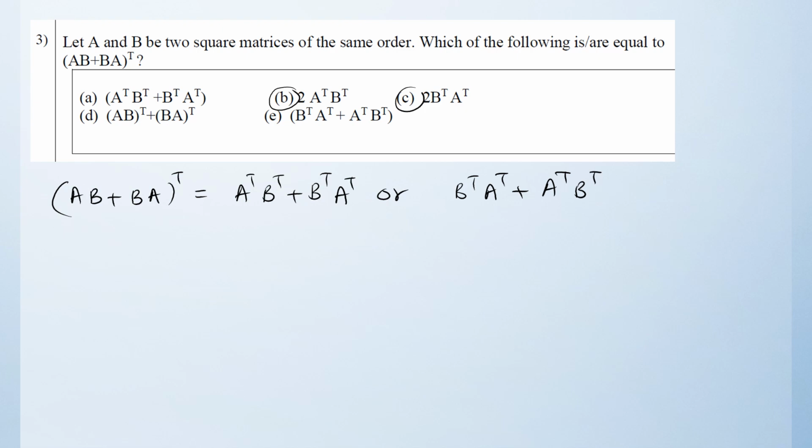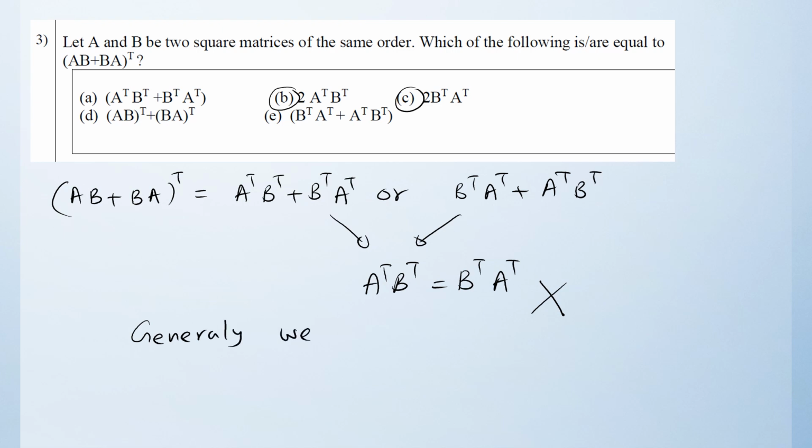B and C. We can get these two results by substituting the identity A transpose B transpose equals B transpose A transpose. But this is incorrect. In general we know that multiplication is not commutative.